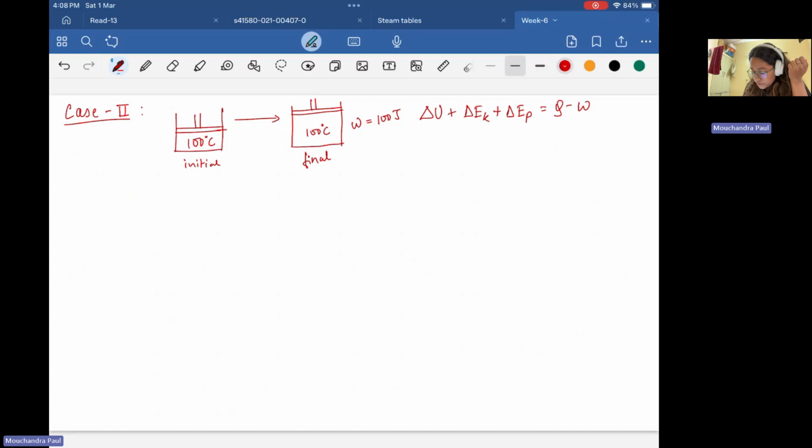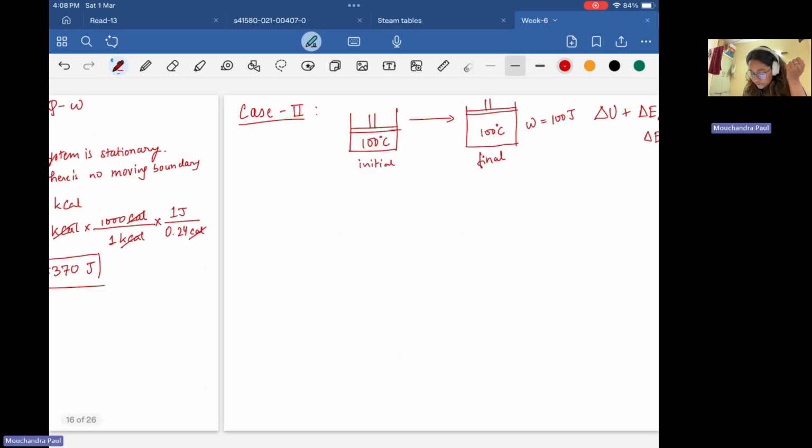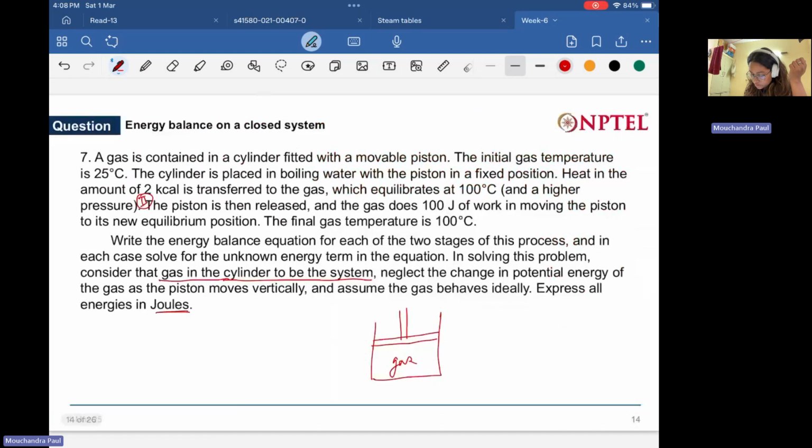Again, kinetic energy is 0. Potential energy is also 0 with the same assumptions, right? Delta U is 0. Why? Because it is given in the question that the gas behaves ideally, and for ideal gases, internal energy is a function of temperature only.